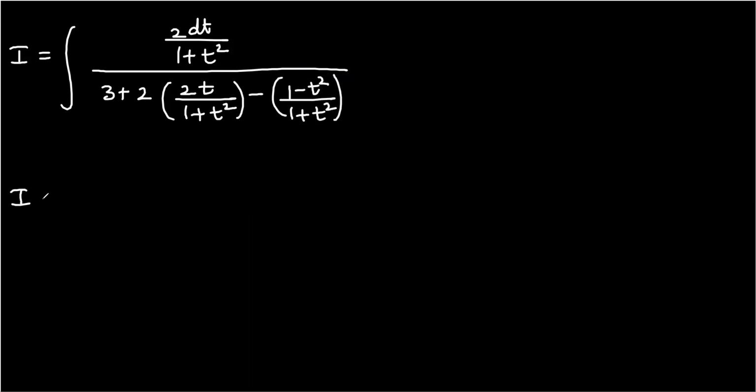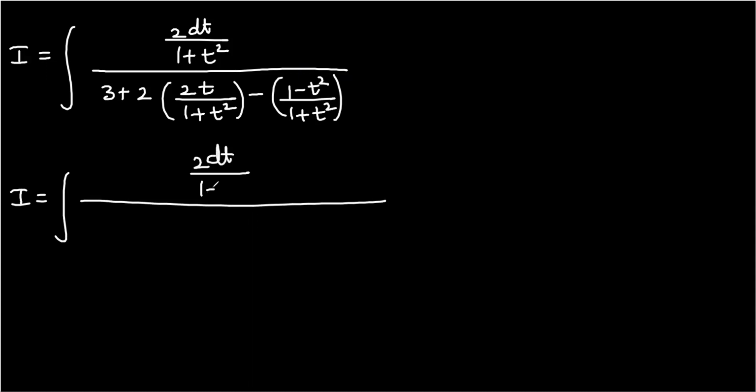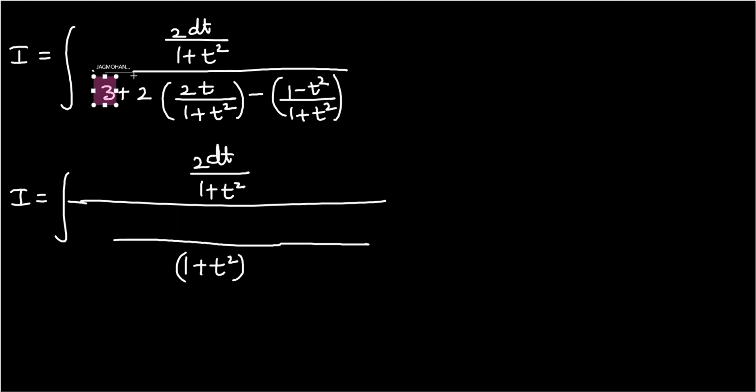So we have therefore I equals to 2 dt upon 1 plus t square. Here I take the LCM. The LCM here is 1 plus t square. So what would I get in the numerator? Here I have one term as 3, and another term here, and the third term is this.